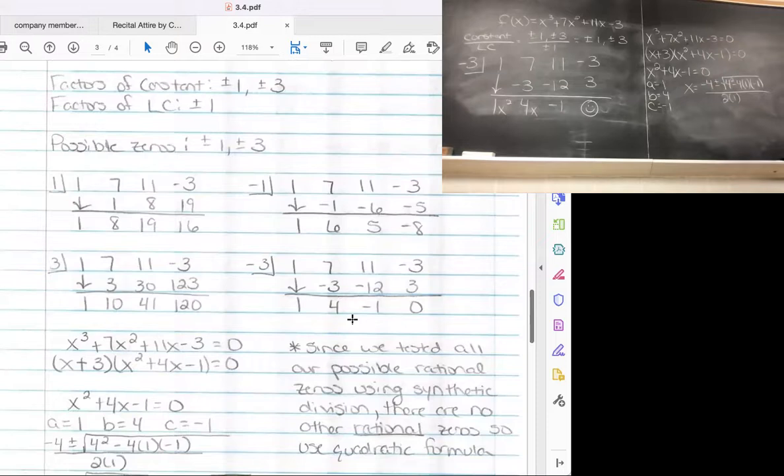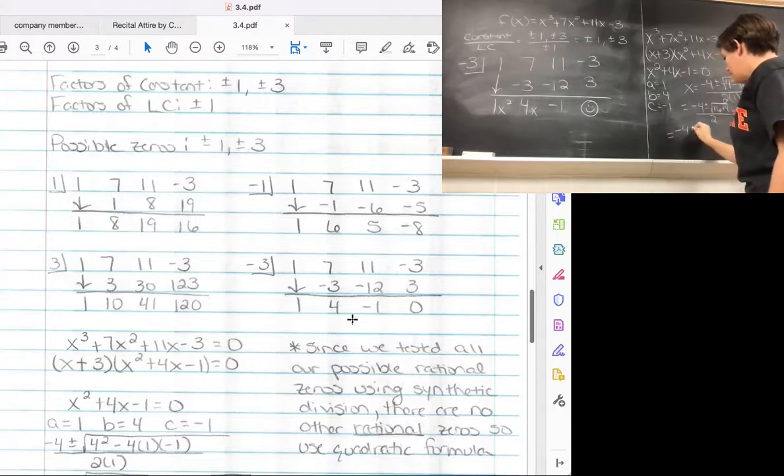Now we're going to work on simplifying this. Negative 4 plus or minus 16 plus 4 all over 2. Negative 4 plus or minus the square root of 20 all over 2. Well, the square root of 20 can be written as the square root of 4 times 5 all over 2.